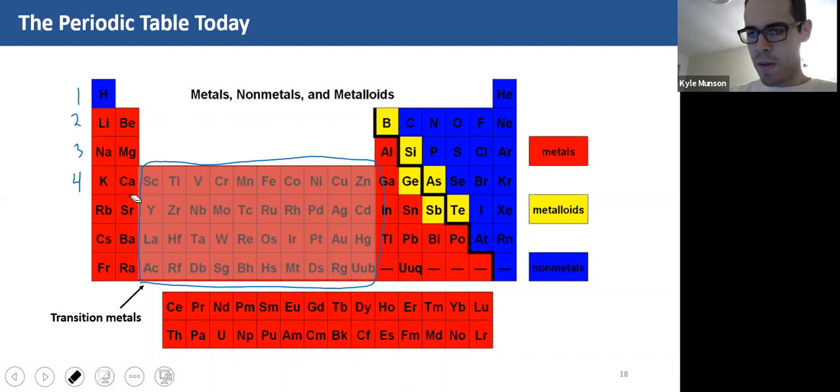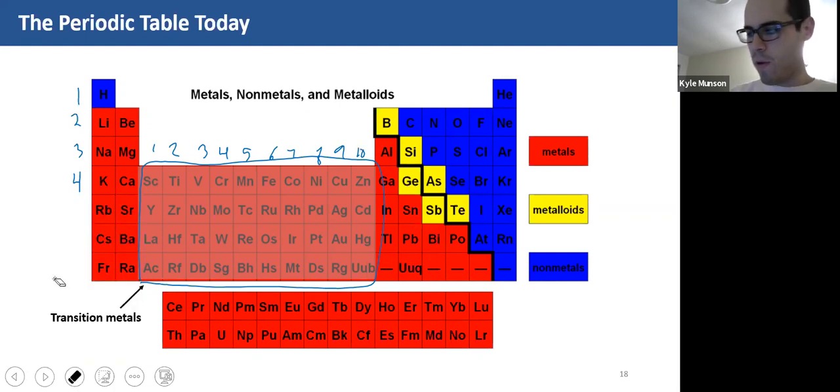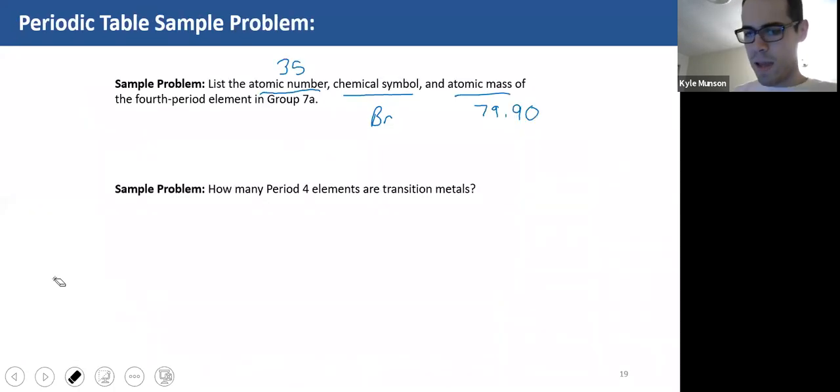Okay, the transition metals are shown here. So I just count across. 1, 2, 3, 4, 5, 6, 7, 8, 9, 10. There's 10 transition elements there. So that's my answer. There's 10.